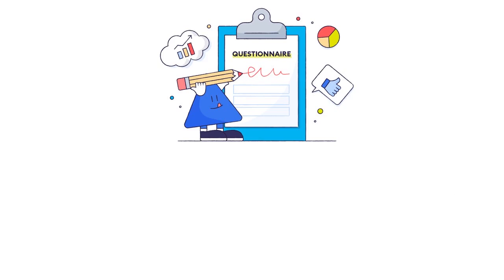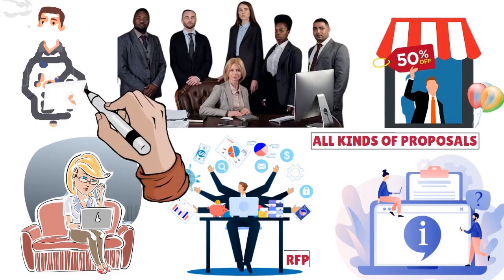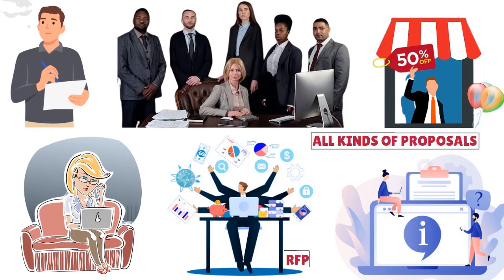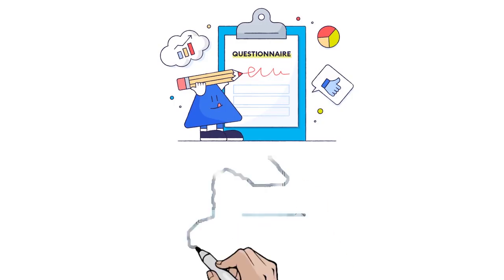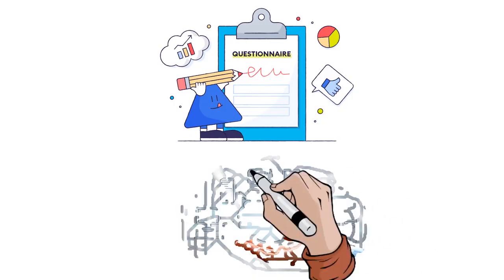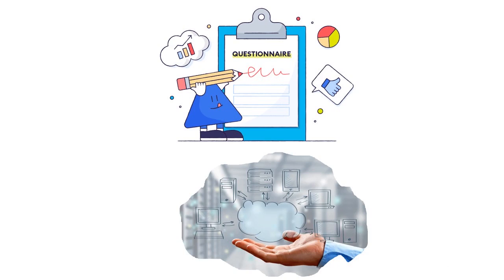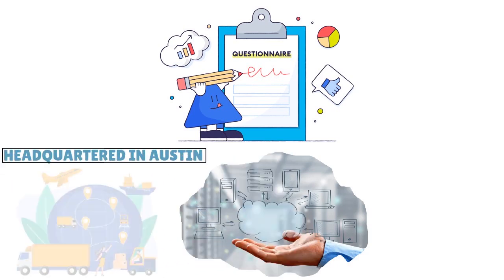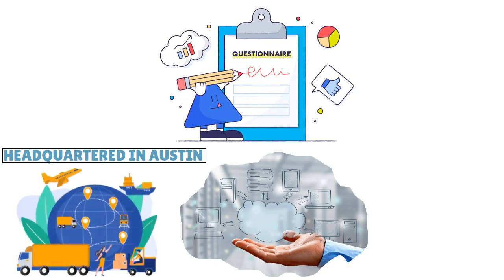When you close your eyes and think about Qvidian, I want you to think about a proposal management software published by Upland Software, a leader in cloud-based enterprise work management applications, headquartered in Austin, Texas, with offices across the globe. Upland serves over 1 million users from enterprises of all sizes across a range of industries.